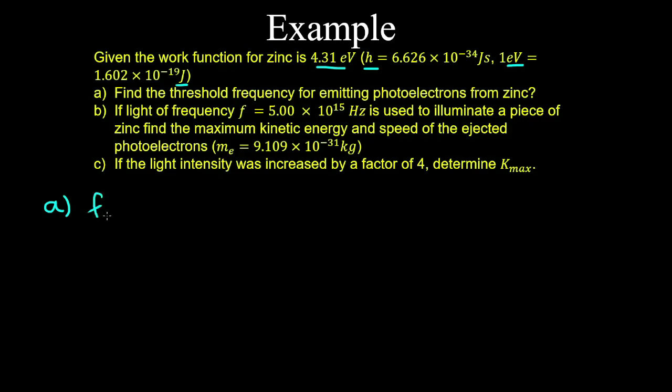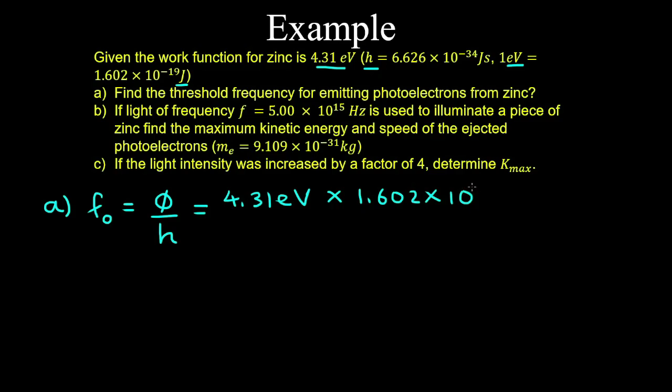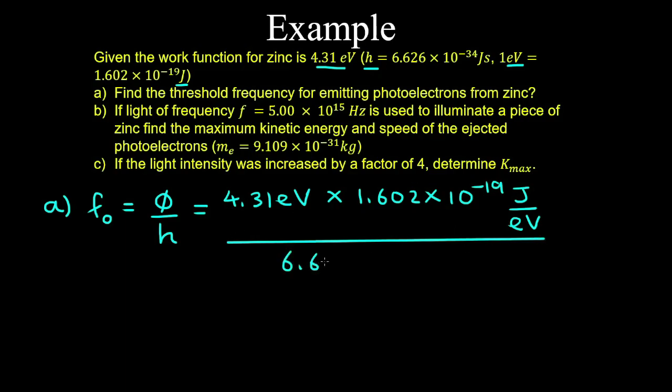Recall the threshold frequency is the work function over Planck's constant. So we have 4.31 electron volts, which we can convert to joules by multiplying by 1.602 by 10 to the minus 19 joules per electron volt, and that's divided by Planck's constant, which is 6.626 by 10 to the minus 34 joule seconds.